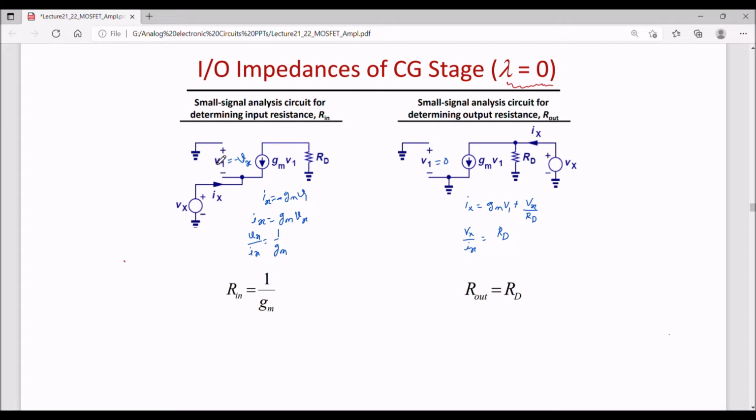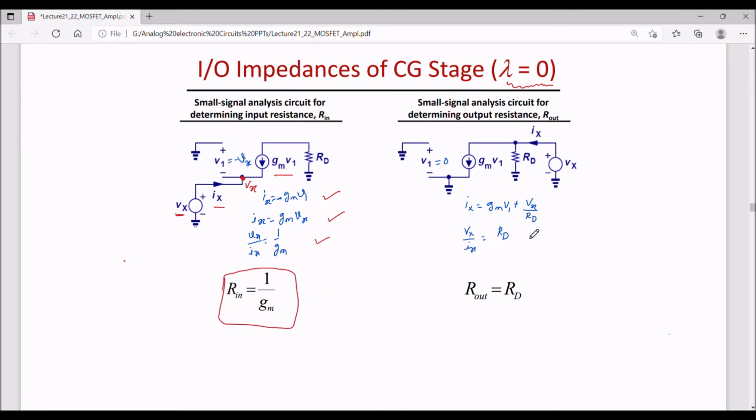You would notice here that V1 will be equal to minus Vx, so Vx is dropping here. So one can write this Ix current equal to minus gmV1, and V1 is minus Vx, so Ix is equal to gmVx. From here Vx by Ix is 1 by gm, so the input impedance is 1 by gm.